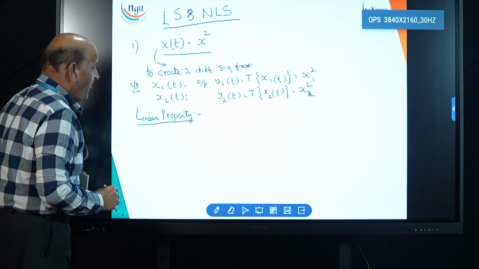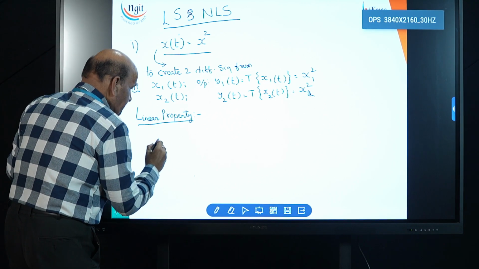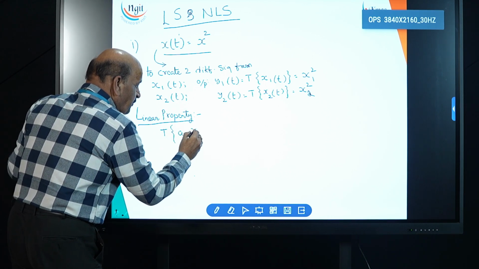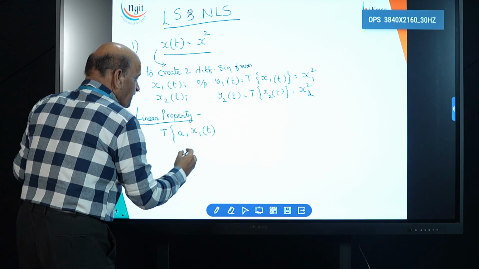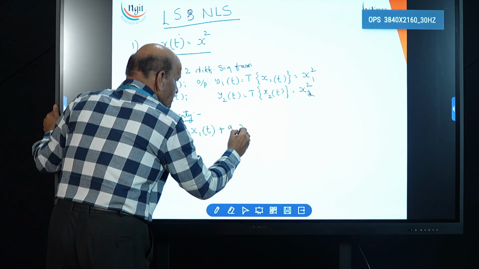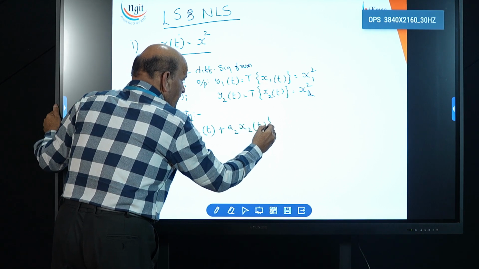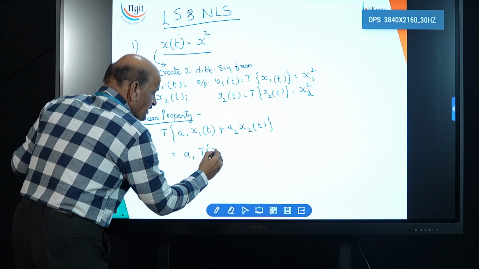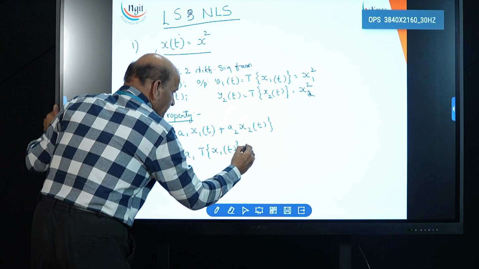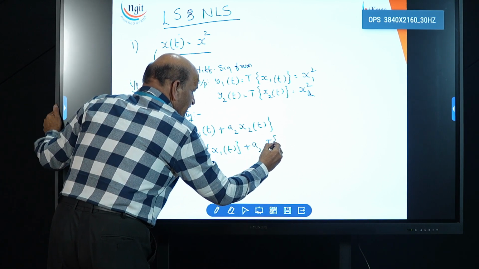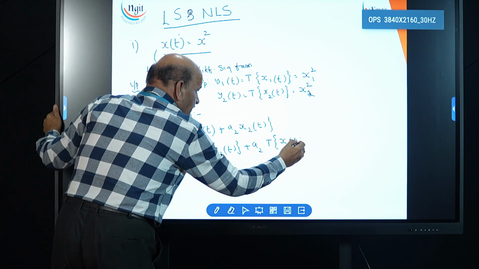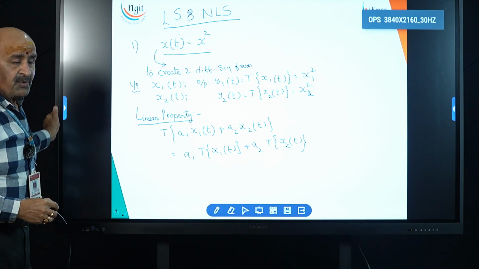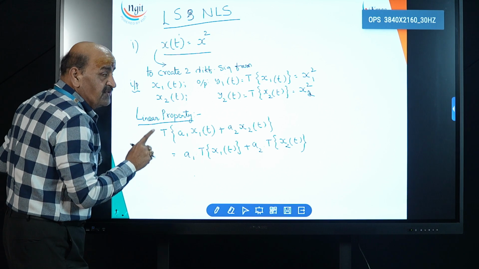Linear property is: transformation of the superposition signal a1 x1 of t plus a2 x2 of t should be equal to a1 times the transformation of x1 of t plus a2 times the transformation of x2 of t. This is called the linear property. This property is to be satisfied.